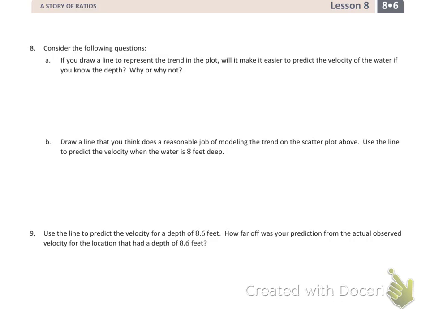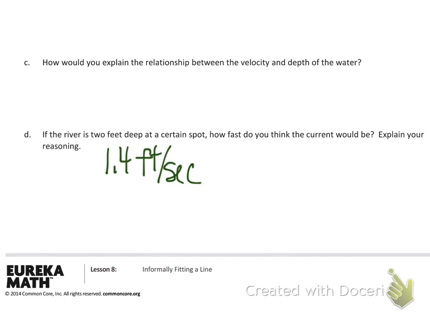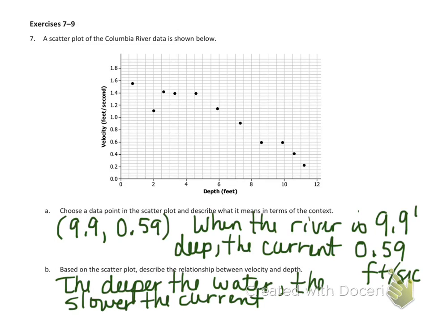Now we're supposed to draw a line that you think does a reasonable job of modeling the trend on the scatter plot above. Use the line to predict the velocity when the water is 8 feet deep. So let's come back here, and we're going to use some of those same techniques that we talked about in the last example to fit a line to this data.